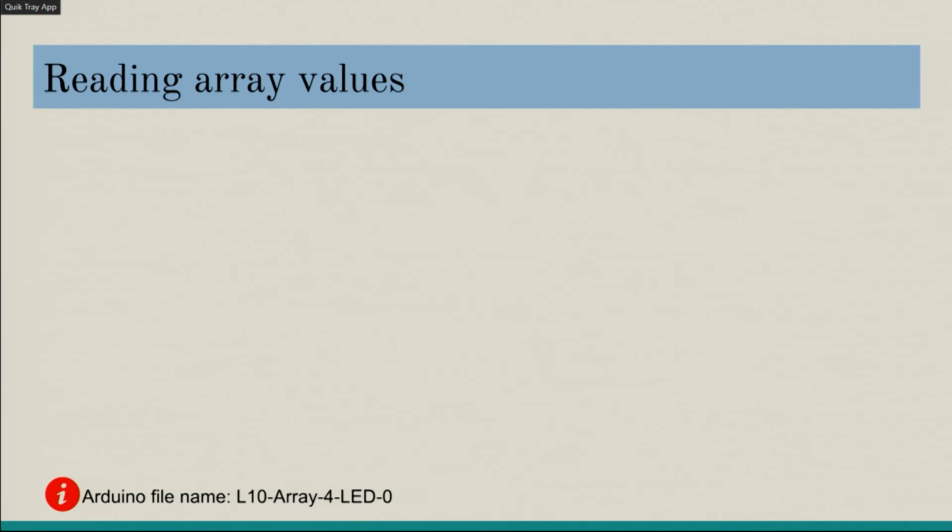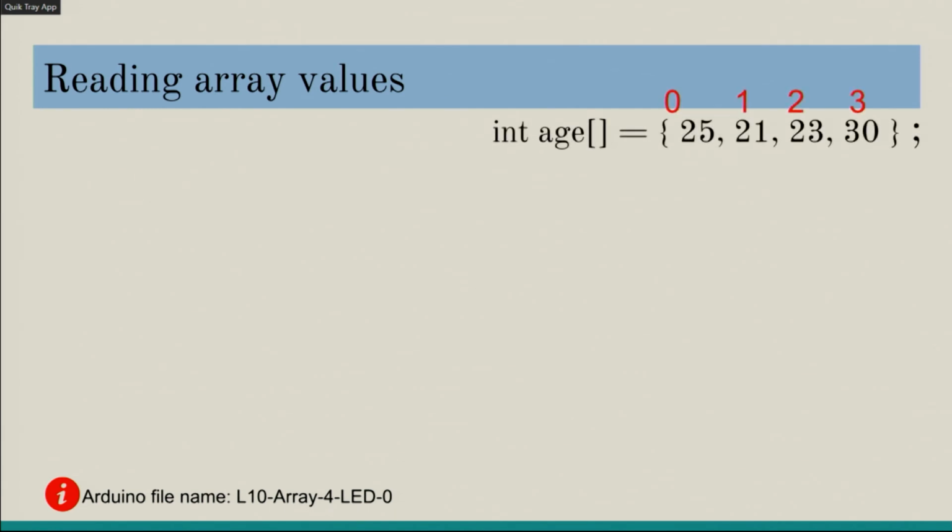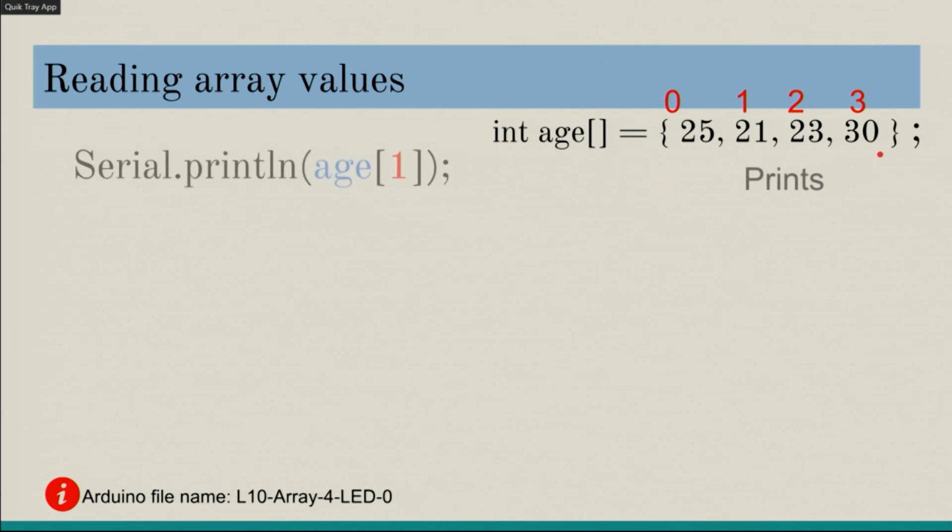Now, how can we read array values? I'm just bringing the array here with our values, and let's see. If you want to get this index 1, if you want to get the 21, you just type age, and inside the square brackets you just put 1.